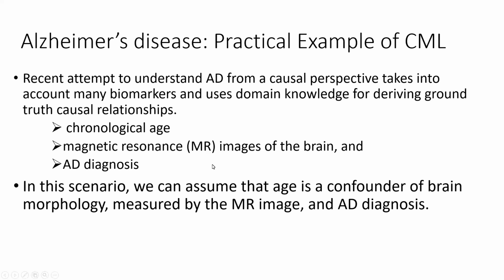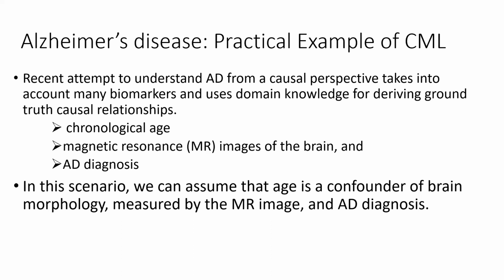From these 3 variables, here they consider that AD causes the symptom of brain morphology changes, but the chronological age cannot be caused by AD nor any change in brain morphology.